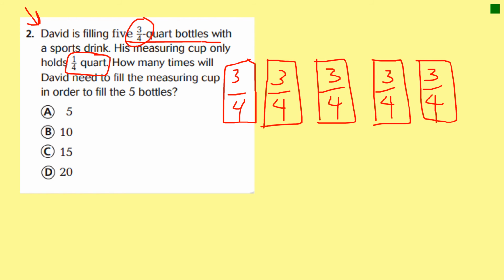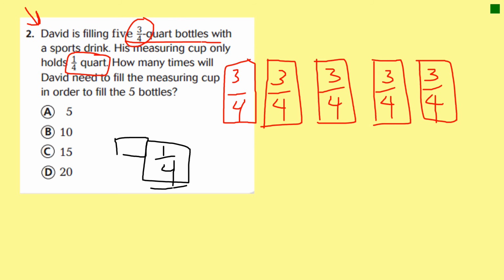Again, with the measuring cup situation, the measuring cup only holds 1/4. So how many times will David need to fill the measuring cup with sports drink to fill all 5 bottles? Well, I think we can do this one a little more quickly, don't you?